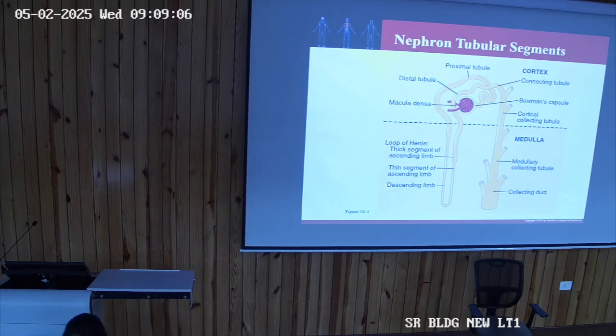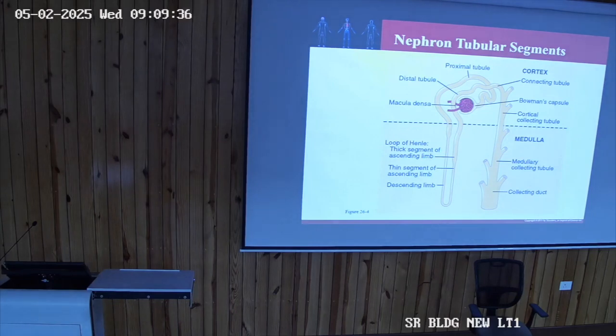What is the most important function performed by the cortical nephron? Filtration, reabsorption, and no, it is only formation of urine. Okay, the most important nephrons involved in the formation of urine are the cortical nephrons.